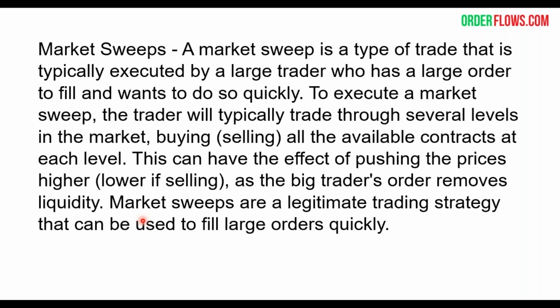And this can have the effect of pushing prices higher if he's buying, or lower if he's selling, as that big trader's order removes liquidity from the market. Bids and offers are liquidity, and in a sweep a trader is removing that liquidity.